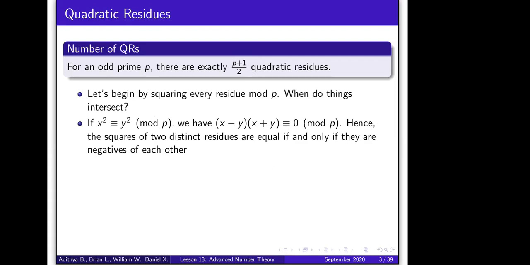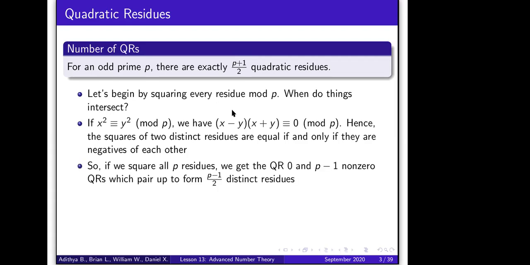So in fact, two squares can only coincide if they correspond to negatives of each other mod p, and this is an if and only if. If they're negatives of each other mod p, then their squares are the same. So if we square every one of the p residues, we get the quadratic residue 0, and the remaining p minus 1 residues can be put into negative pairs, like 1 paired with -1, 2 paired with -2, and so forth.